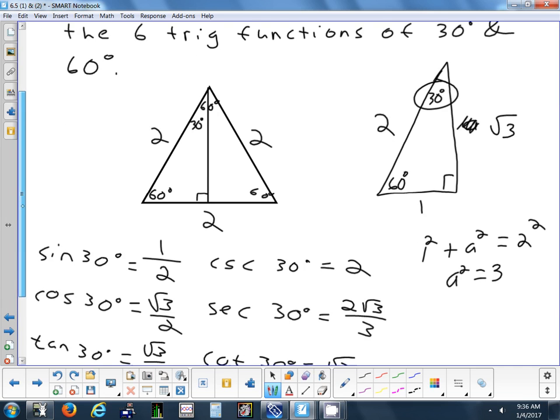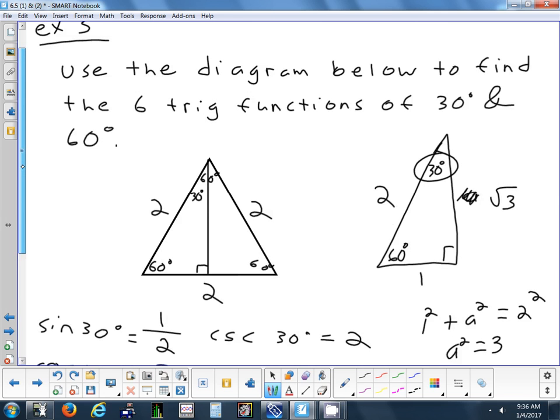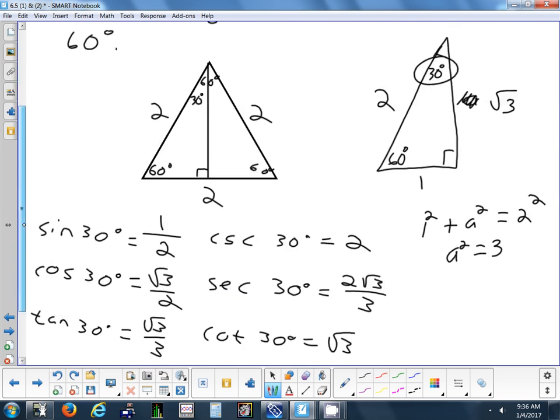Now, it said to find the 6 trig functions of 30 and 60. What's going to happen in this triangle if you go from standing here to now standing here? What happens? Tangent flips and cosine and sine switch.